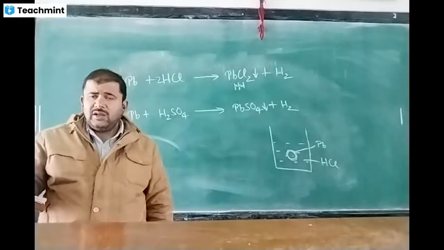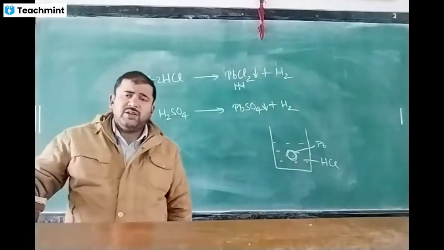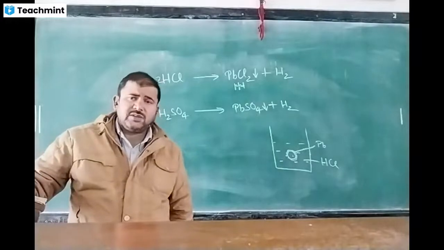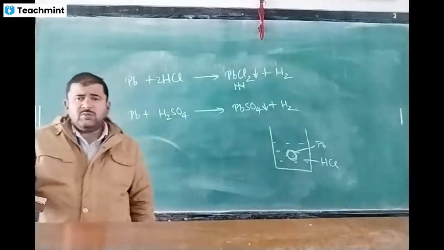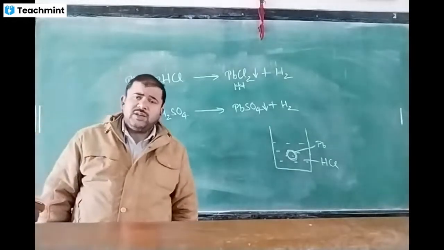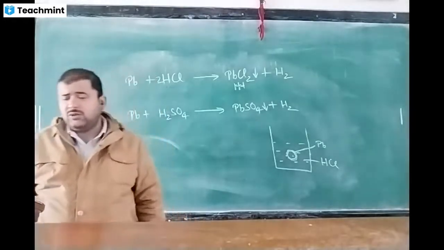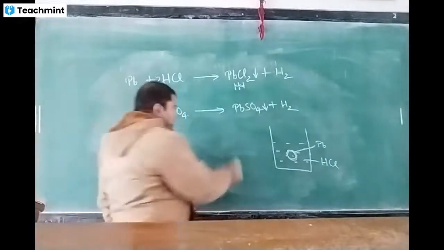When lead reacts with sodium hydroxide, we get sodium plumbite plus hydrogen gas. And when aluminium reacts with sodium hydroxide, we get sodium aluminate plus hydrogen gas.